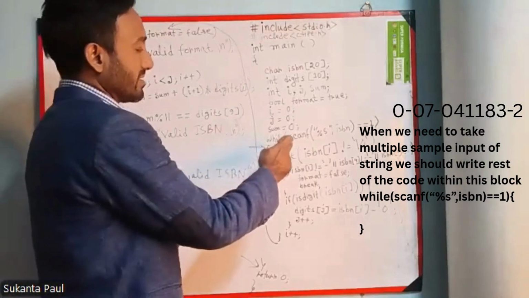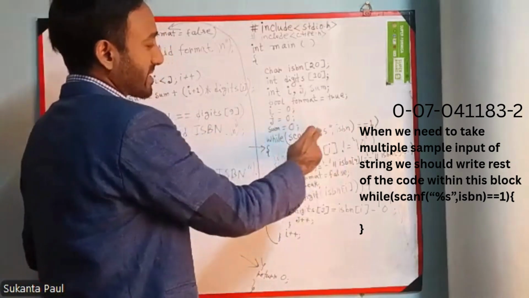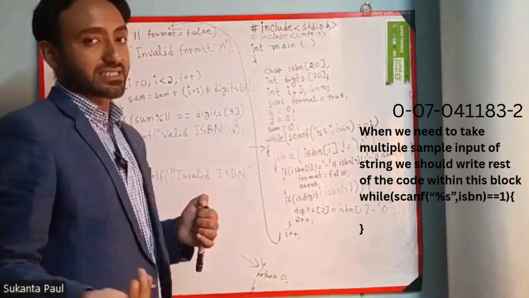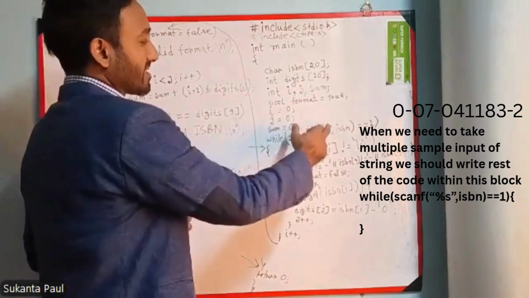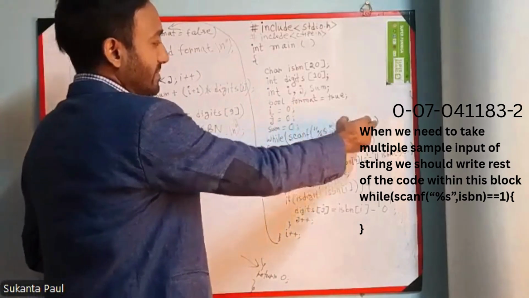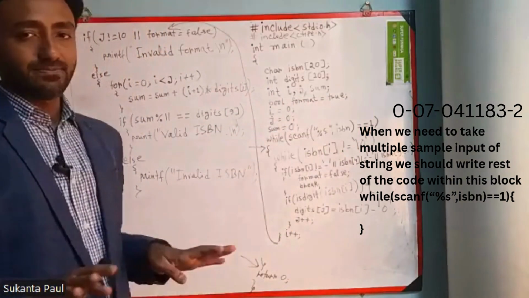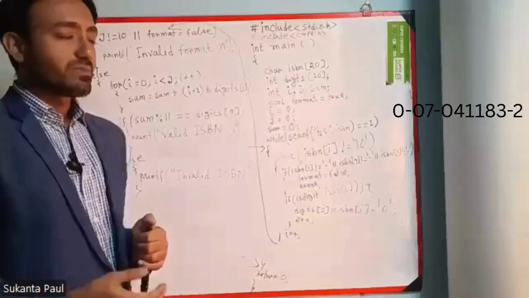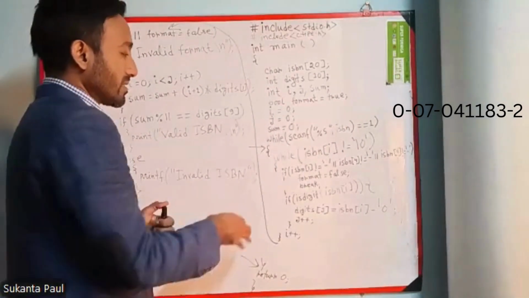That's why we write while, in the brackets, scanf("%s", isbn) equal to 1. Since it is a string, a character array, we use %s. This is the format for handling multiple inputs.